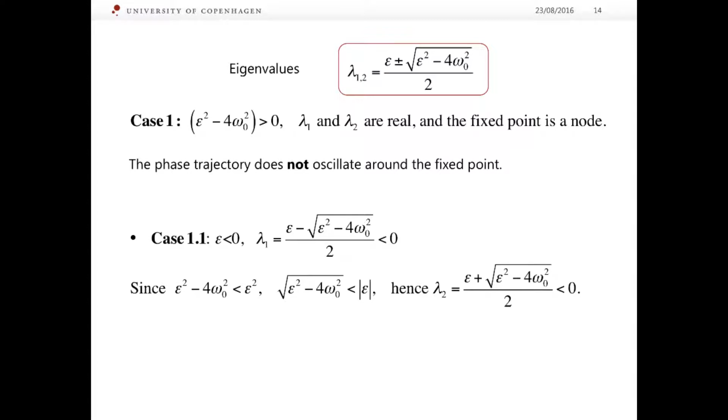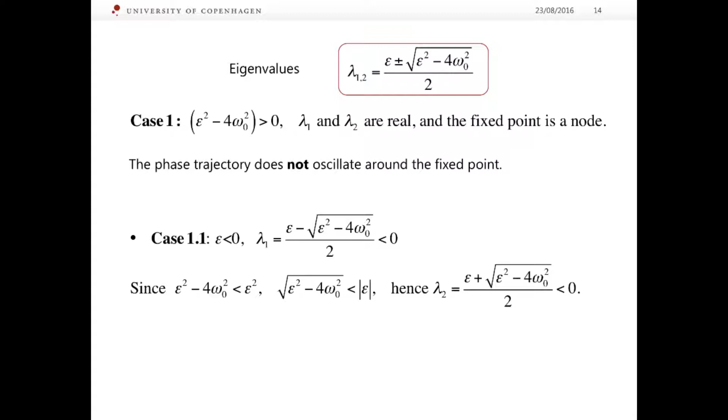Consider the expression under the square root. Here we have epsilon squared, which is a positive number, from which another positive number is subtracted. It means that this difference is less than epsilon squared itself. If we take a square root of both sides of this inequality, in the left-hand side we have the square root appearing in the expression for the eigenvalues, and in the right-hand side we have the magnitude of epsilon.